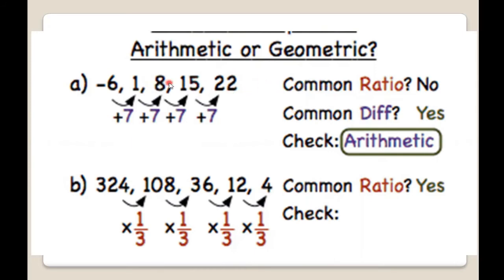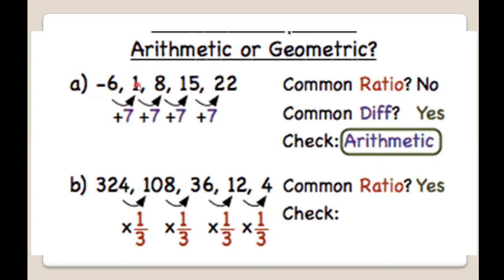Is it arithmetic or geometric? The difference between these numbers is 7. Like 1 minus -6 is 7, or you can say 8 minus 1 is 7, 15 minus 8 is 7. That means every time you are adding 7.